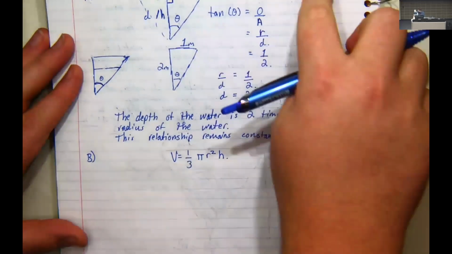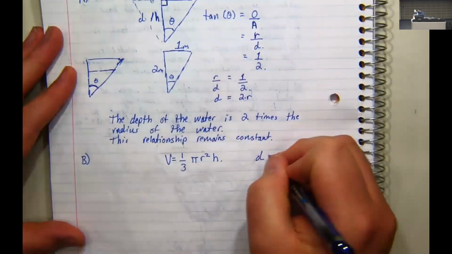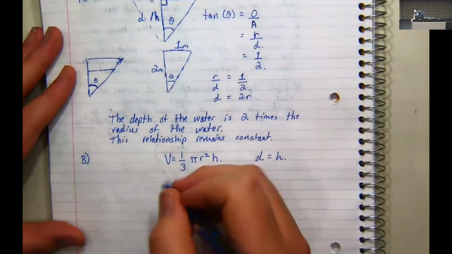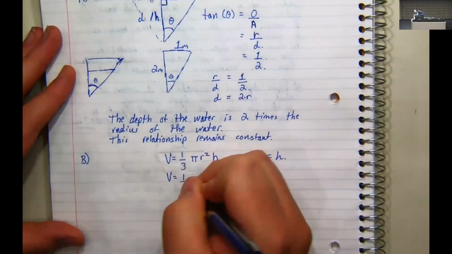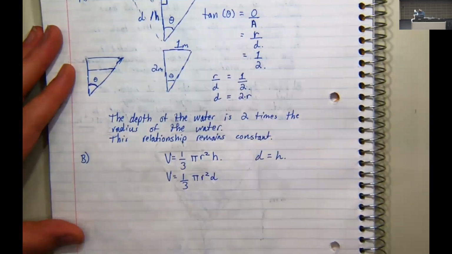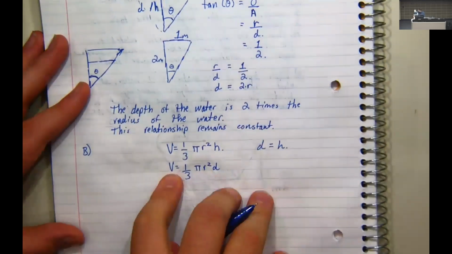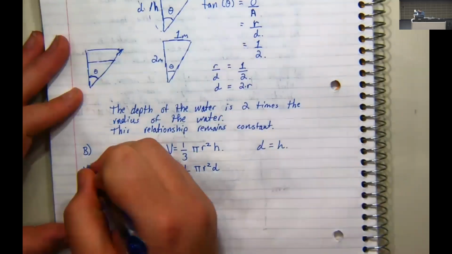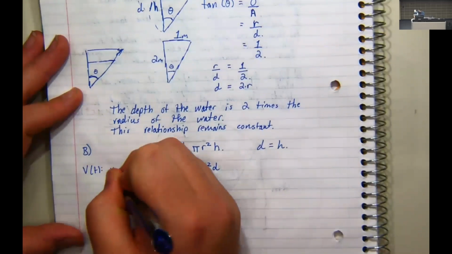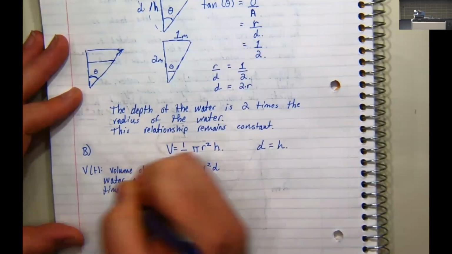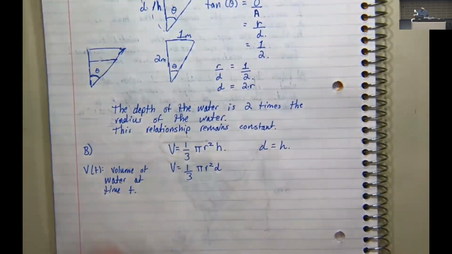We've also discussed how the depth is equal to the height. So we can go ahead and do that replacement. So V is equal to 1/3 pi r squared d. And obviously the volume of the water is also a function of time. So V of t, volume of water at time t.